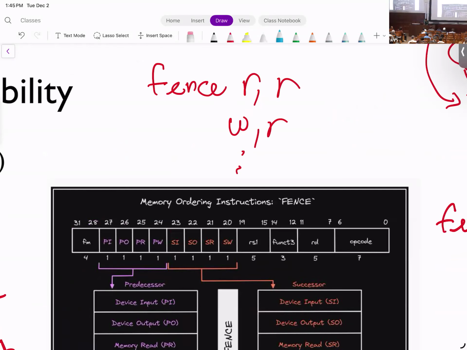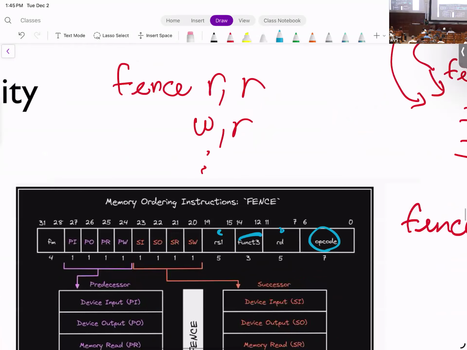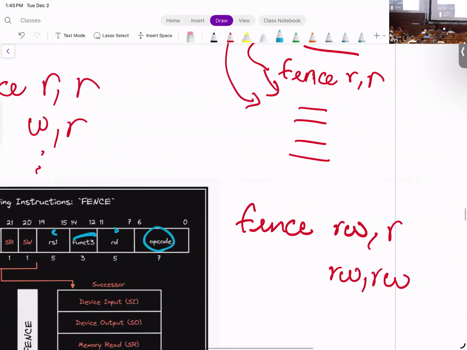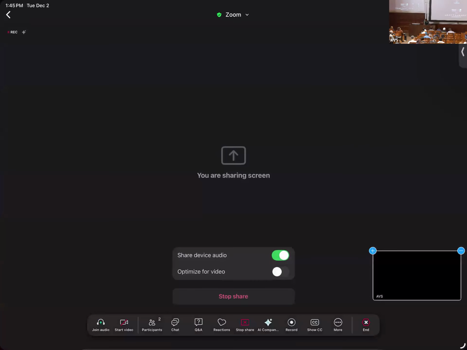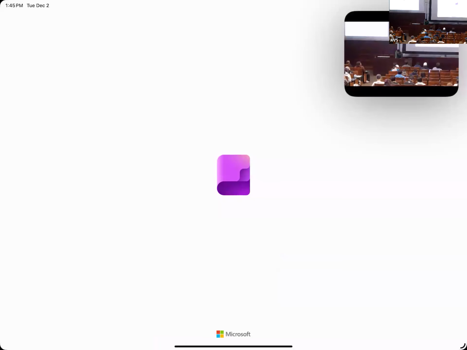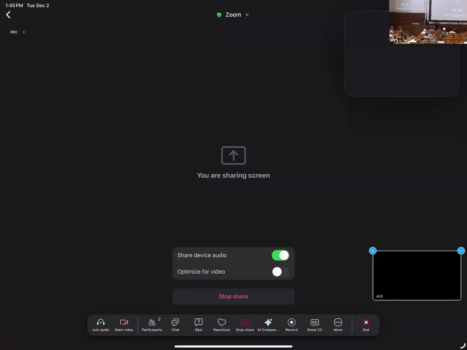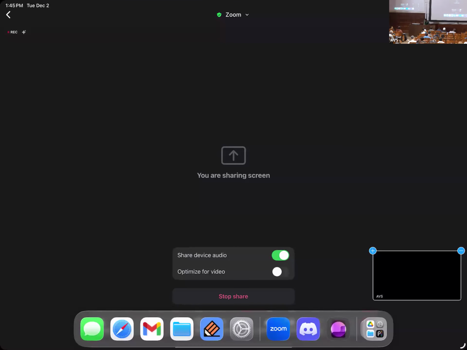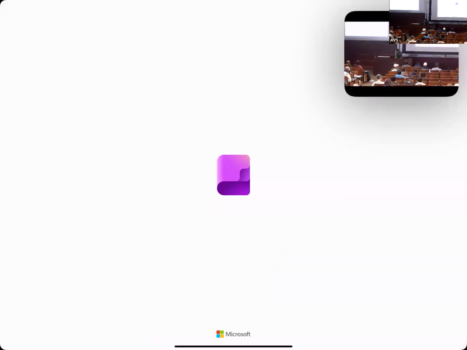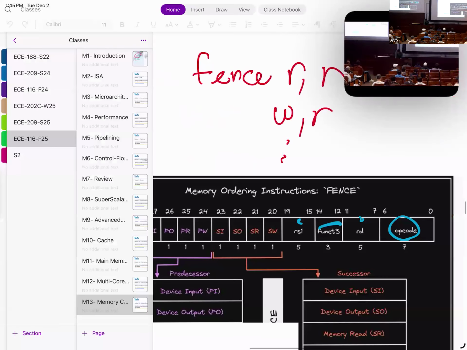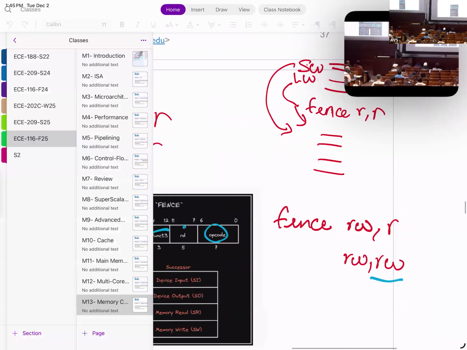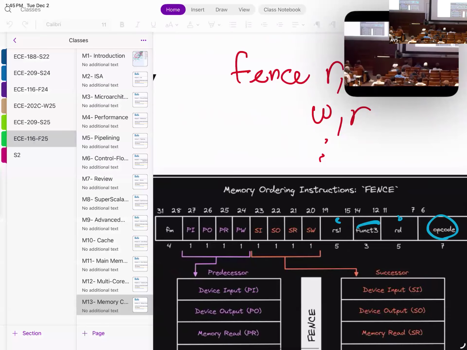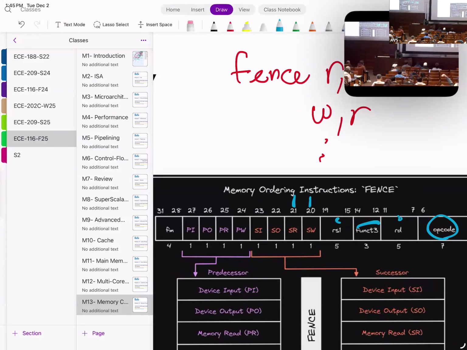So essentially in the opcode, you put your opcode, RD is 0, this is for fence, this is 0. This is S, so these are all this second part. So if I want to put this instruction, what I would do is put a 1 here and a 1 here, and I also put a 1 here and a 1 here.